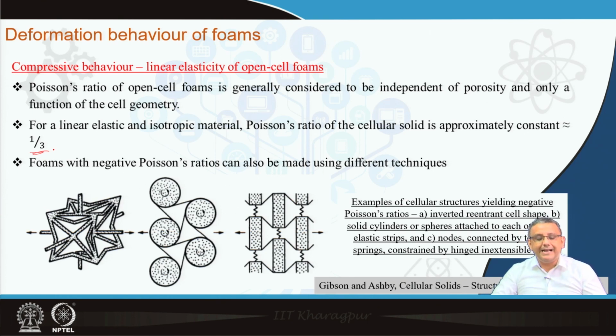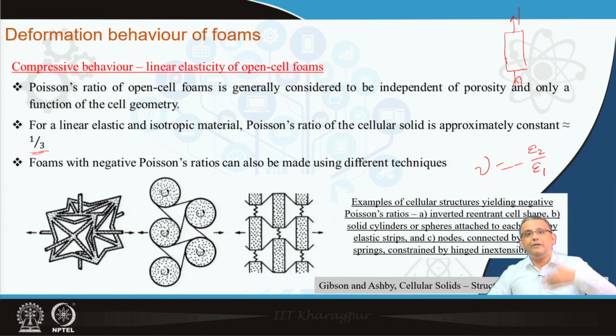However, there are some design approaches which have been proposed to make materials which have negative Poisson's ratio. As we know, what is the Poisson's ratio? The Poisson's ratio is nu equal to minus epsilon 2 over epsilon 1. Assume that we have a bar and this bar is pulled in tension. This is our direction 1 when we are pulling this material.